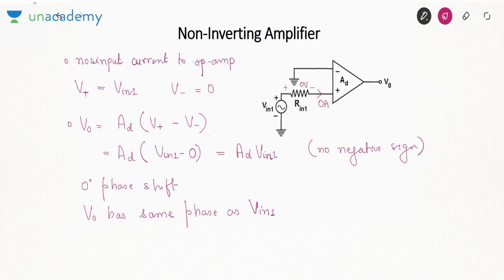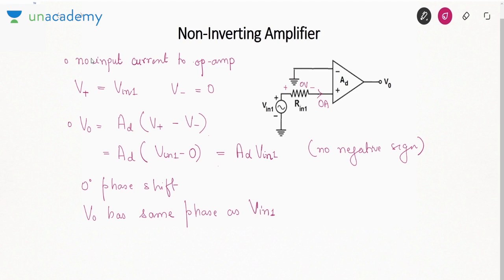That means it will not invert the output, and the output will be in the same phase as the input. In the inverting amplifier, we saw there is a minus sign in the output, so input and output will always have opposite polarity, and here they will have the same polarity. So generally in open loop configuration, we only talk about 3 amplifiers: differential, inverting and non-inverting.